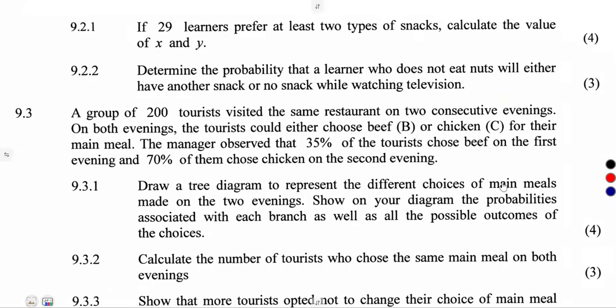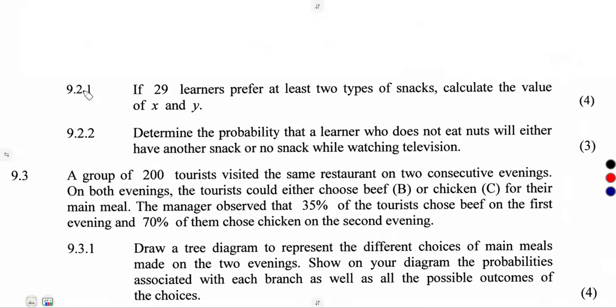All right, so let's see, guys. The first part of our question, 9.2.1: if 29 learners prefer at least two types of snacks, calculate the value of X and Y. So what does at least mean?